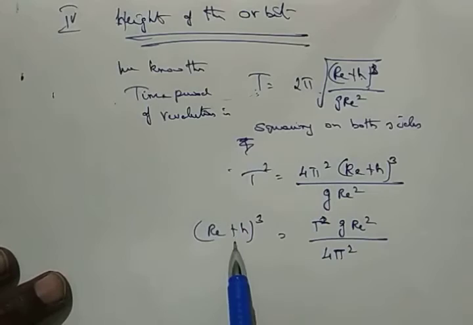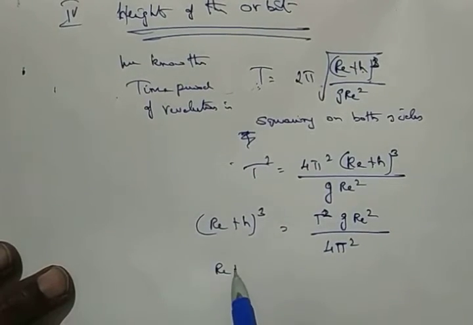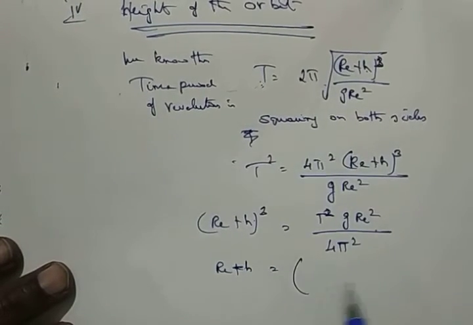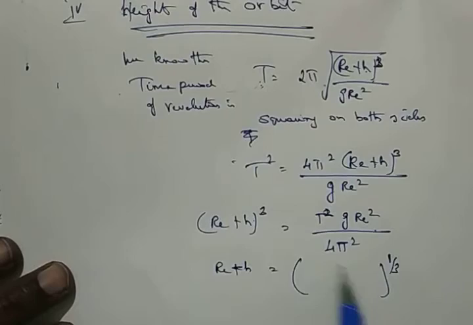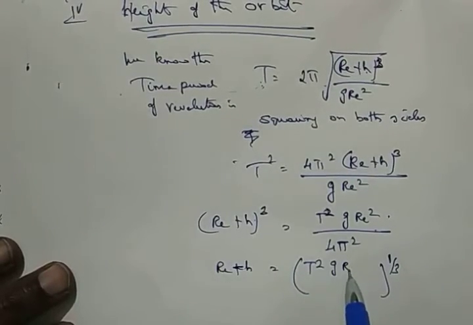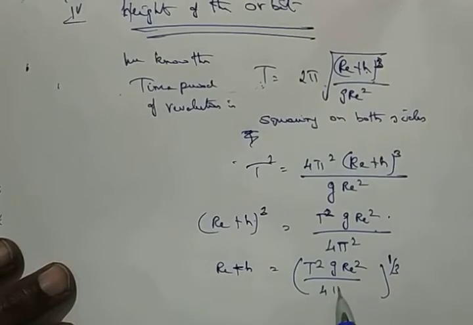Now what you need to do, Re plus H is going to be equal to, take this root here. So this whole value will become 1 by 3. This 3 when it goes here, T square G Re square upon 4 pi square.